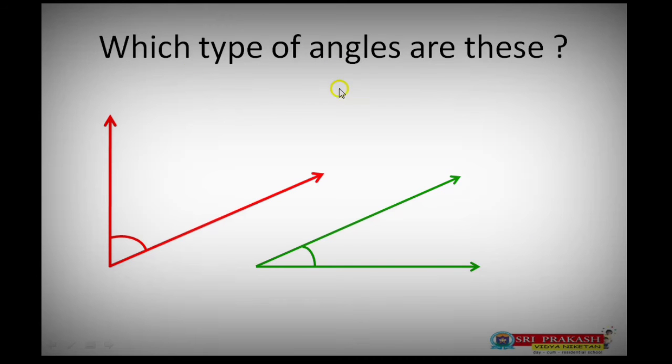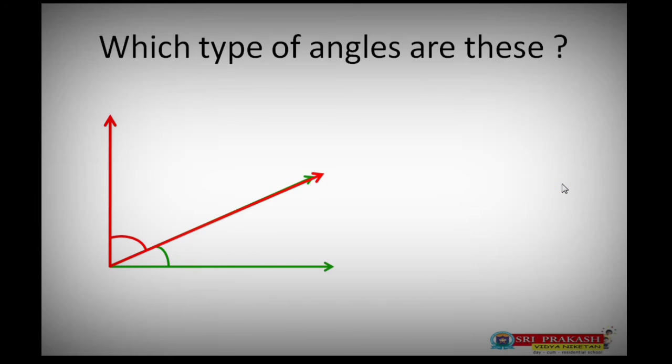As for the types of angles concept, can you say which type of angles are these? This is an acute angle and even this is an acute angle. If you place them together and add these measurements, which type of angle is formed? Yes, they form a right angle. So by adding two angles we are getting a right angle.